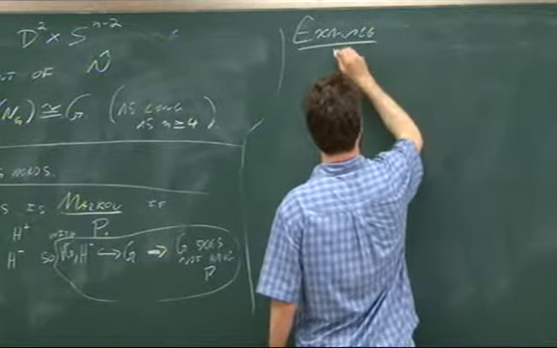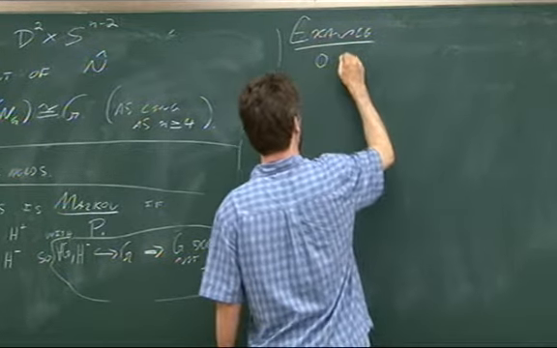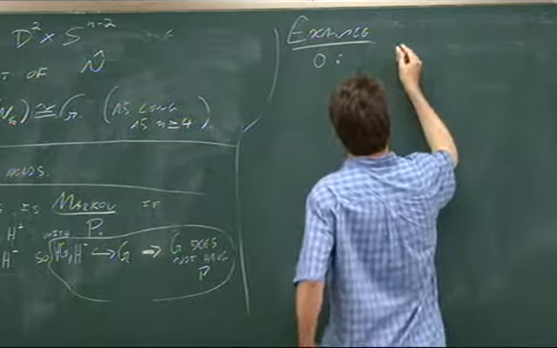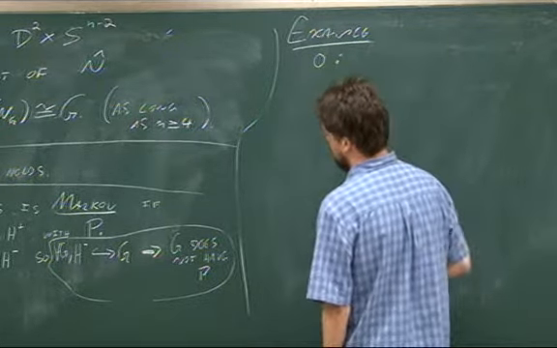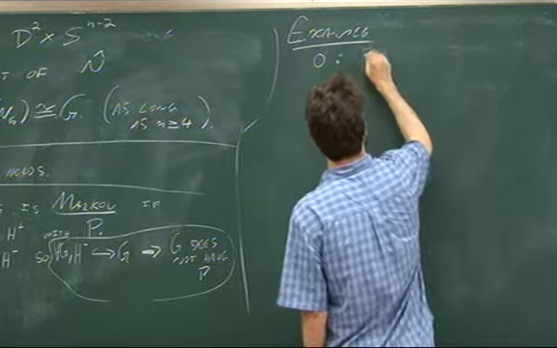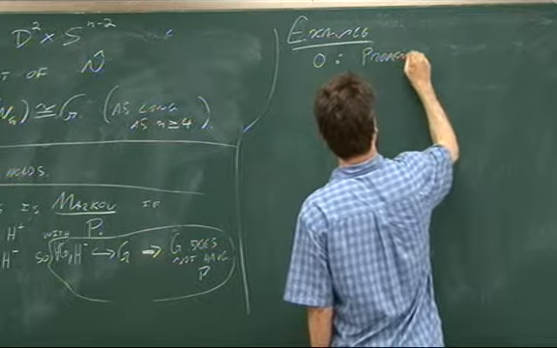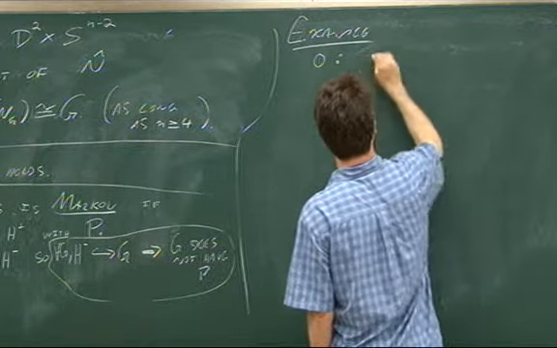So an example zero: the property of being trivial is a Markov property. I'll just say triviality.